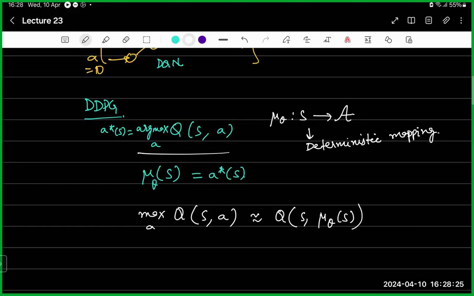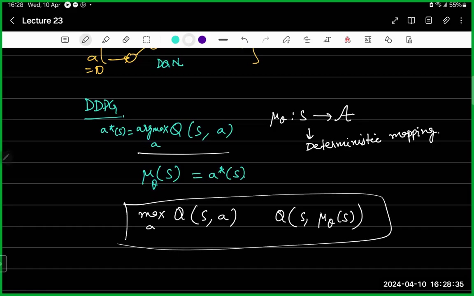Given a Q, we are trying to find a mu, which is a policy, which will satisfy this thing. If we can't find it exactly, we'll approximate it. That's all. Because this is the problem we had, right?